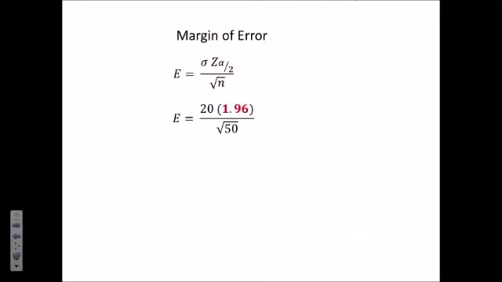Well, back to our margin of error. Now that we know how to get Z critical, we plug 1.96 into the formula for the margin of error, and we do the computation. In the numerator, we'll get 39.2 over the square root of 50, which is 7.071 and so on. And this is going to be approximately 5.543 and so on.